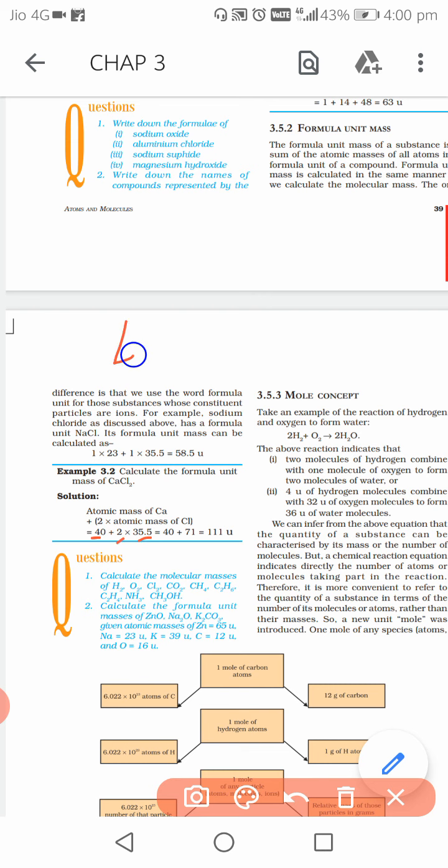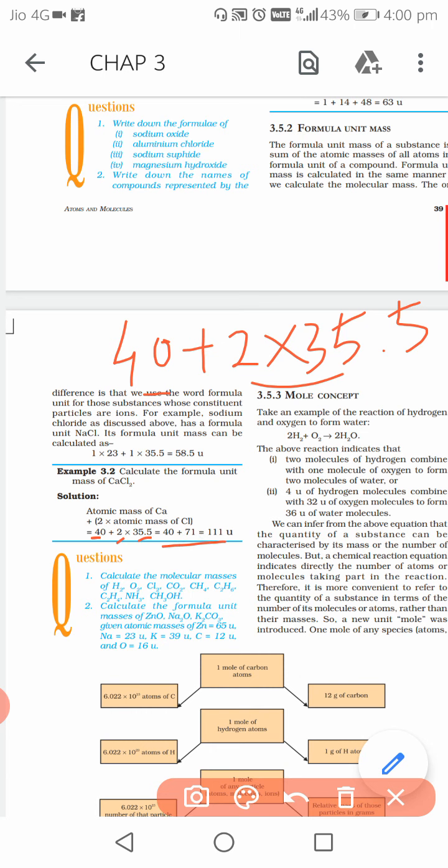So the final result will be 40 for calcium plus 2 into 35.5 for Cl2. If you multiply 35.5 into 2, it gives us 71, plus 40, it gives us 111. And remember, the unit will be U. For formula unit mass as well as for molecular mass, unit is U.